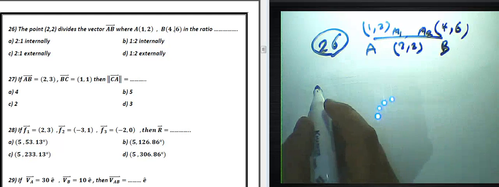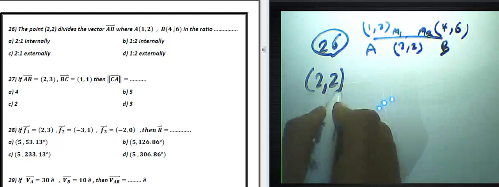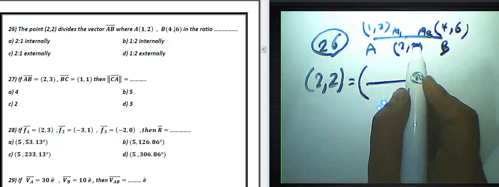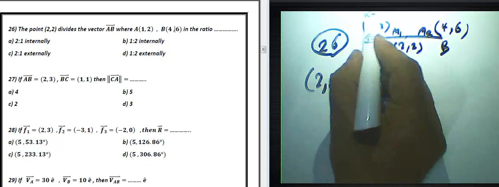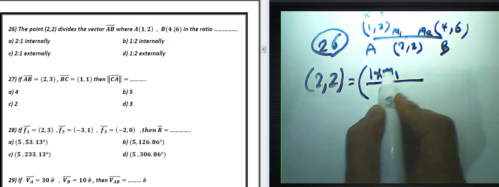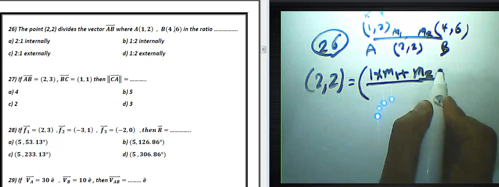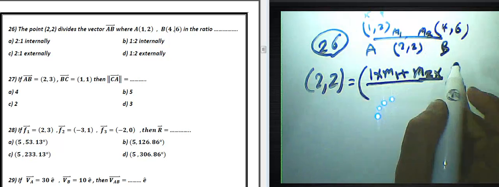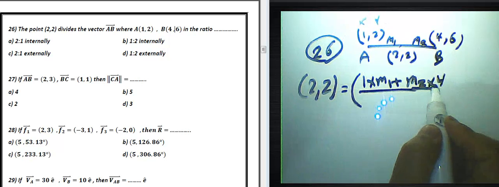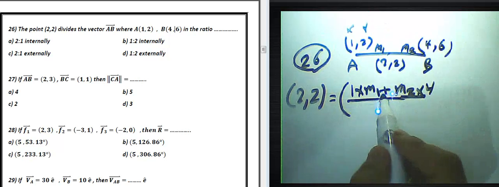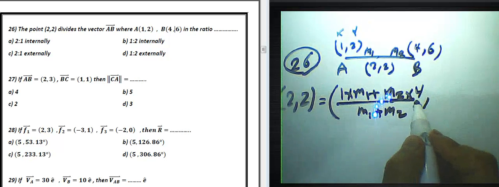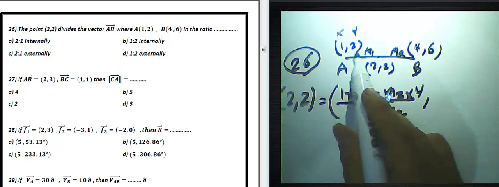Okay, my students, to understand, first look at me again about x and y. M1 multiplication by 1 plus M2 multiplication by 4 over M1 plus M2 is the first coordinate.